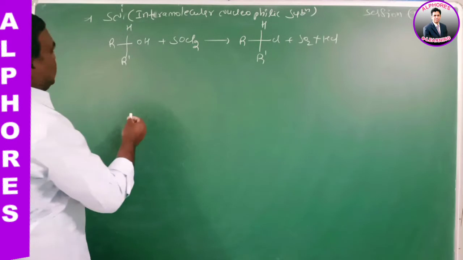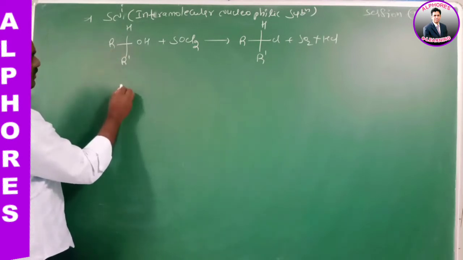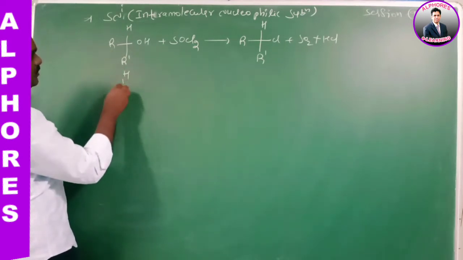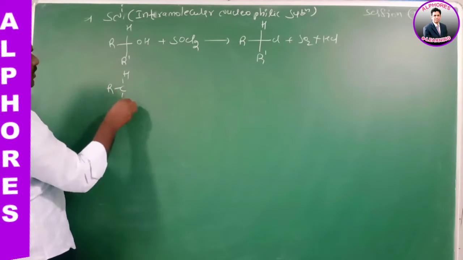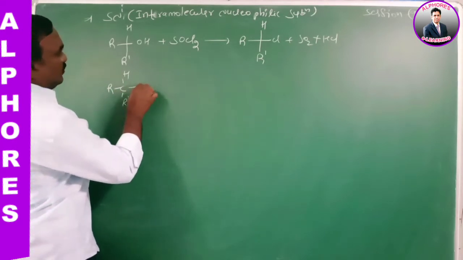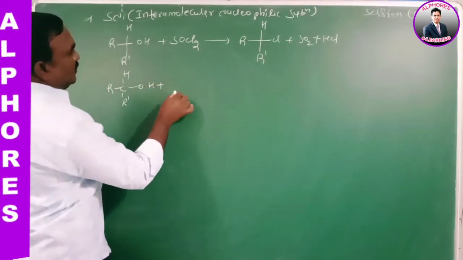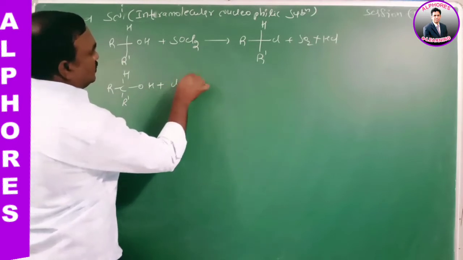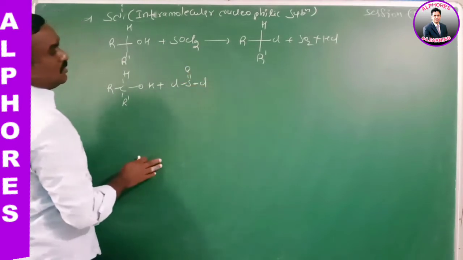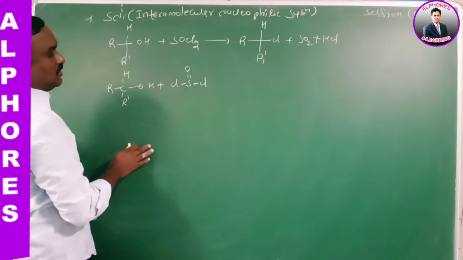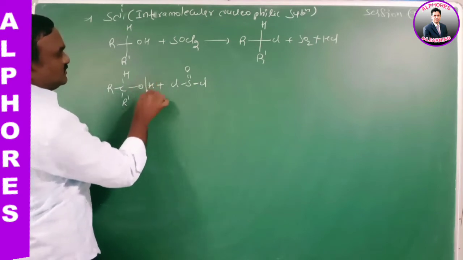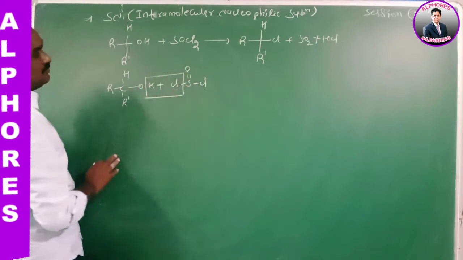For example, the given compound has hydrogen, an R group, another R group, and an OH group. The compound reacts with SOCl2. The first step is removal of HCl.